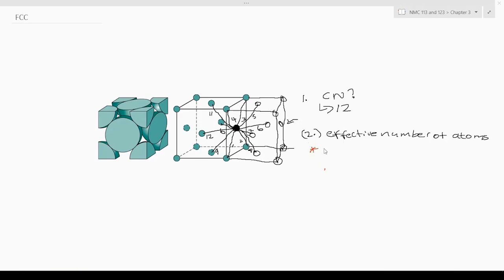Contribution factor of corner atoms, right? And then the contribution factor. Now we have face-centered atoms as well.